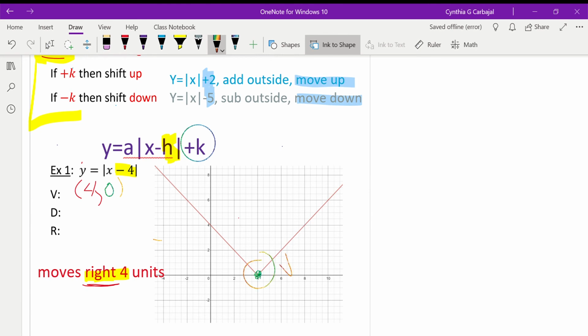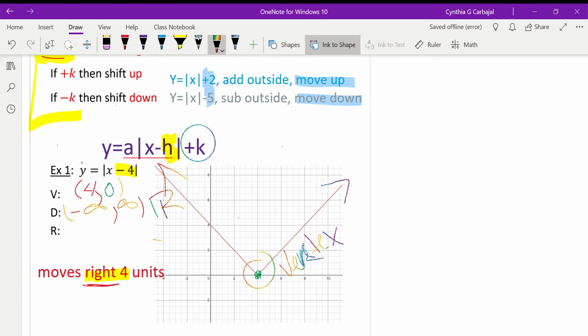Again, remember that our domain is going to be from left to right. We're going arrow to arrow, so negative infinity to positive infinity, or all real numbers. Or that funny looking R for all real numbers.